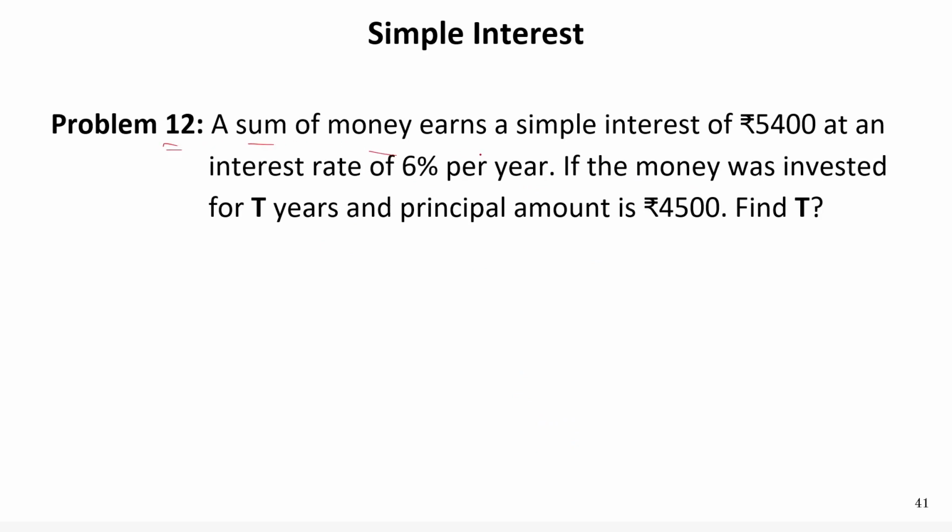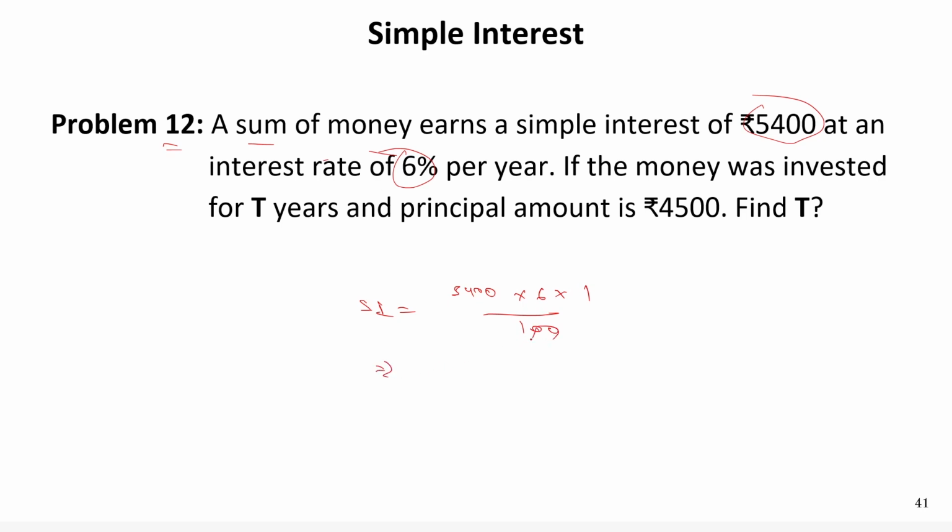So a sum of money earns a simple interest of 5400 at an interest rate of 6%. Okay, so interest rate is given as 6% here. So if the money was invested for T years, the principal amount is this much. So SI is equal to PRT by 100, with the principal amount 4500. Let's assume for this part, 5400 into 6 into T by 100.